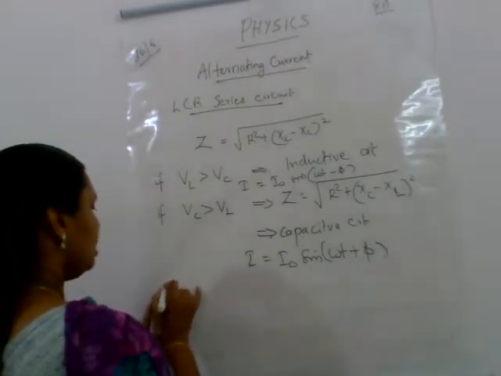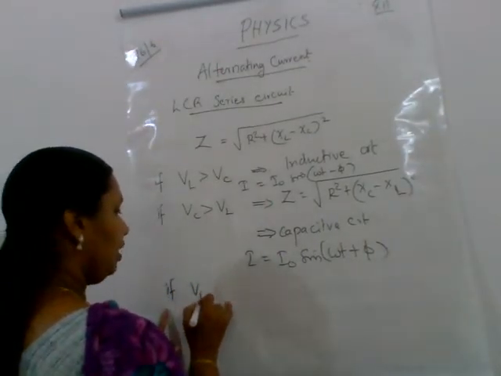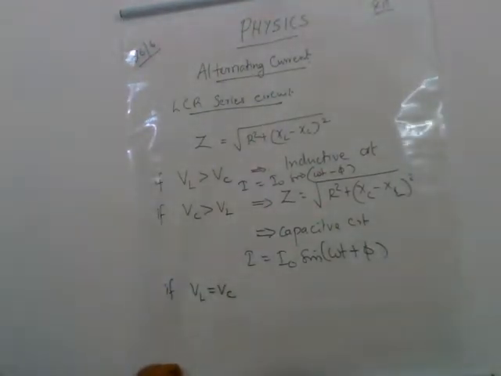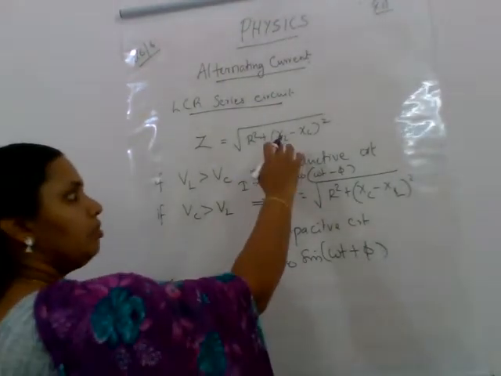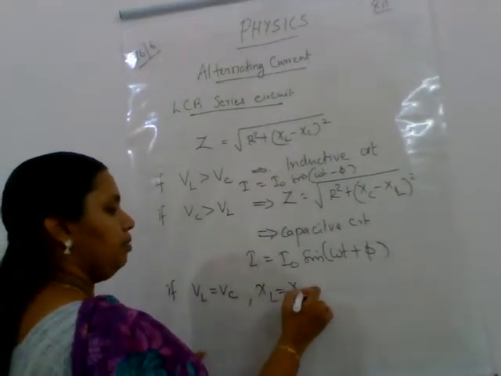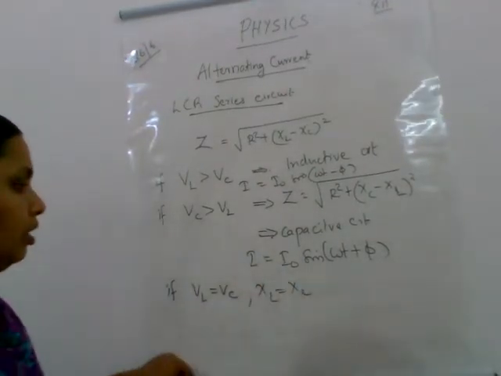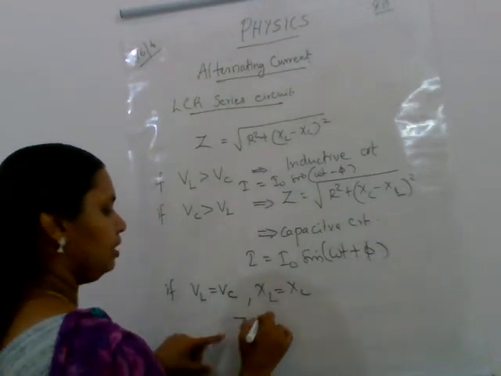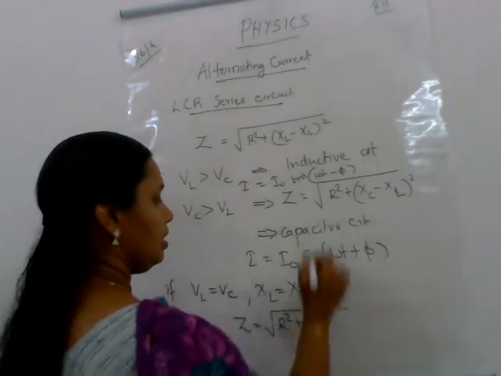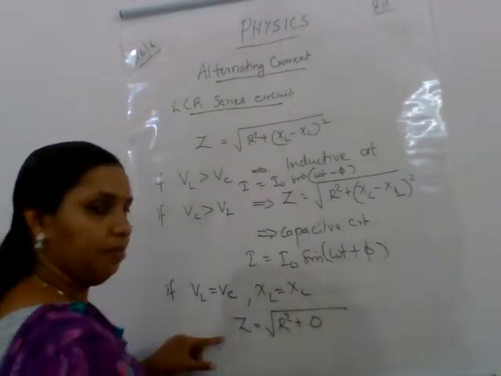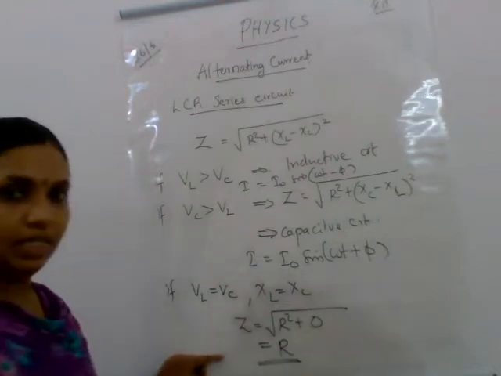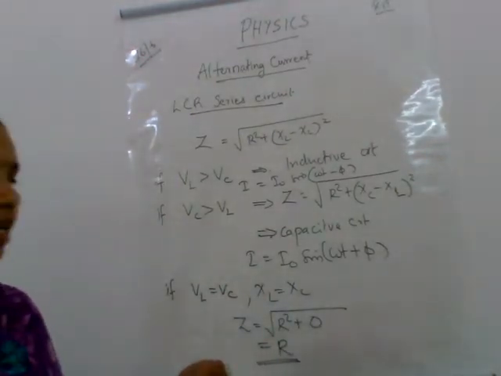And the last case is if VL is equal to VC. VL equal to VC means XL will be equal to XC. So in such a case, Z is equal to root of R square plus (XL minus XC) squared, and since XC and XL are the same, it will be 0. Z will be equal to R, that is the resistance of the resistor.